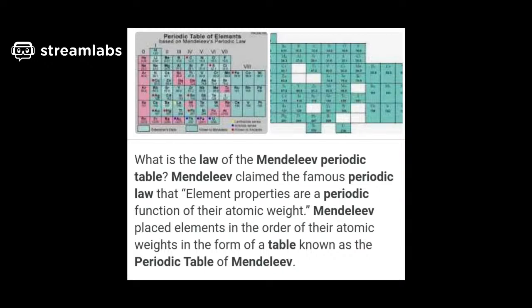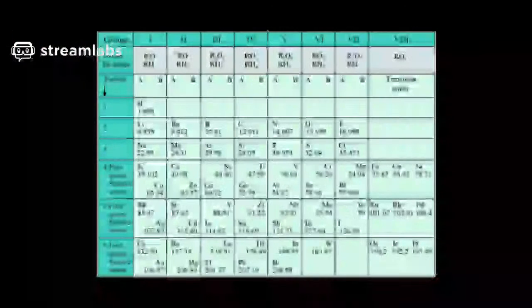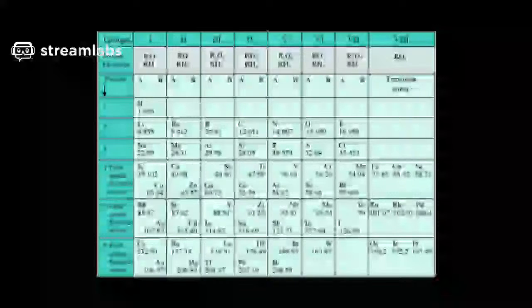As a result, he made the periodic table into vertical columns called groups, horizontal rows called periods. So this is the Mendeleev's periodic table.